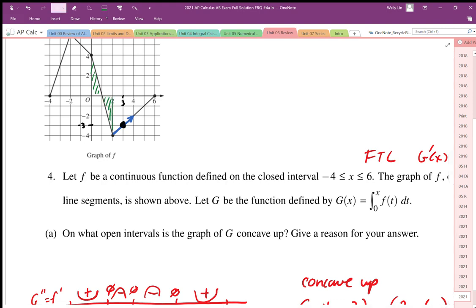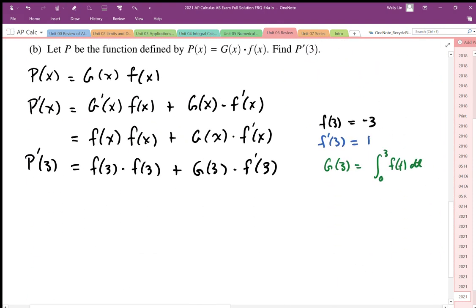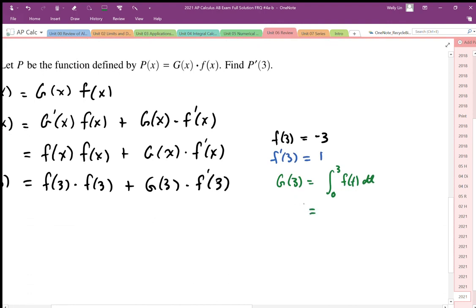So we really are just looking for this area in here, that trapezoidal area, which is going to be 3.5. Then negative 3.5 because it's below the x-axis. So we have positive 2 here, negative 2 here, and negative 3.5. So g of 3 works out to be equal to negative 3.5.